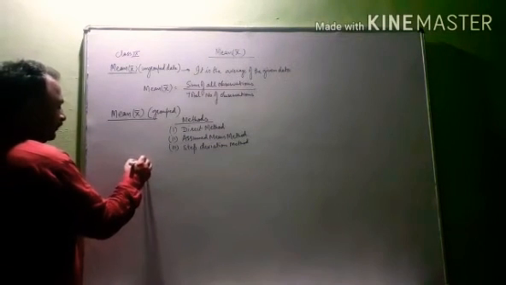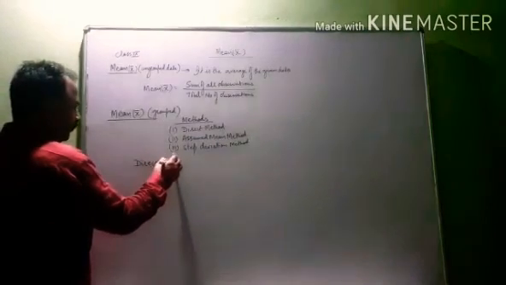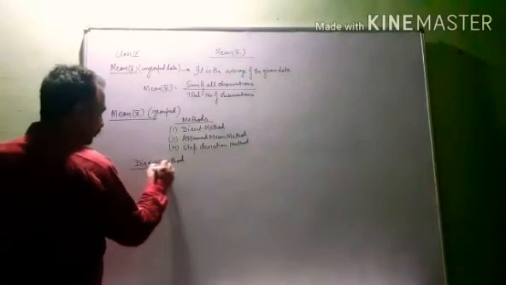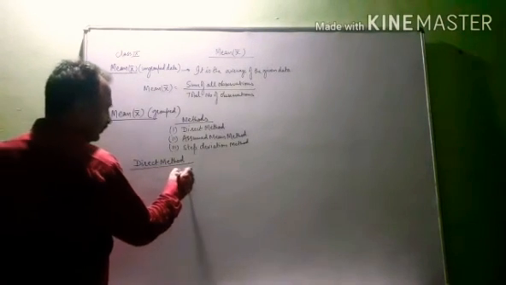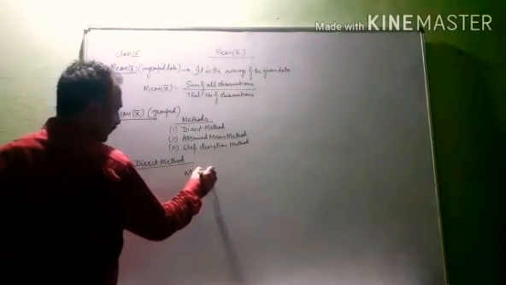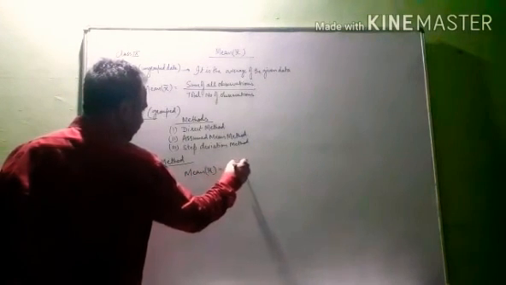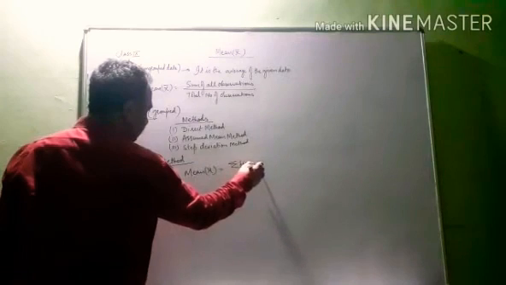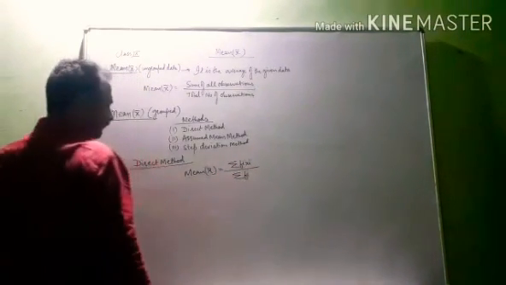So direct method, the formula to calculate the mean is x bar equal to sigma fi xi upon sigma fi.